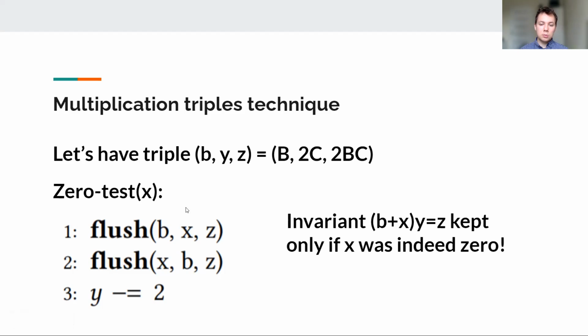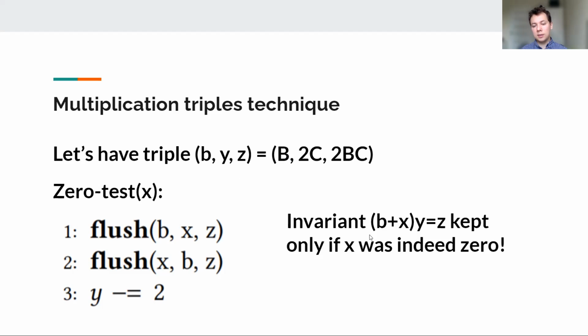Okay, so during the run of the program, we will have two invariants. The first invariant is that b plus x is exactly 3b. So each increment of x is joined with decrementing b by the same value.